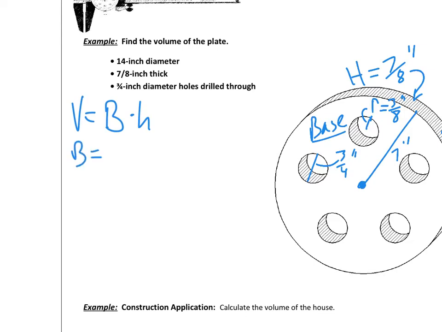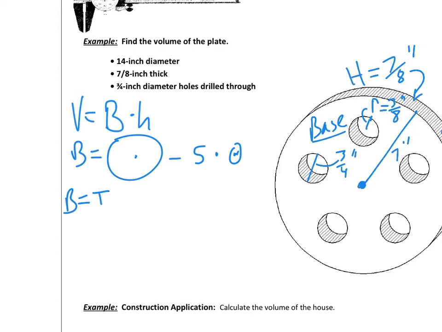Well, how do we describe this white area? It's one big circle minus 5 little circles. Not 5 times 0, but 5 little circles. So let's find the area of the big circle.